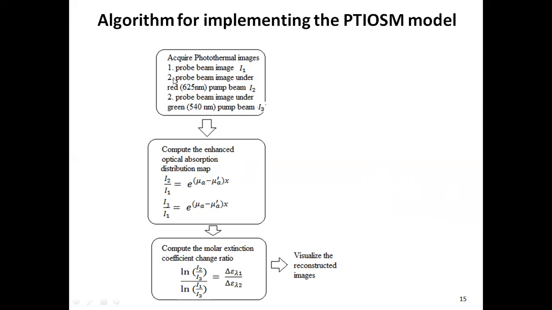Then while the probe beam is on, introducing a pump beam of a given wavelength and acquiring the signal, call it I2, and changing the pump beam wavelength and acquiring another image, call it I3, and now performing these mathematical operations, taking the ratio of I2 to I1 and I3 to I1 and their natural logarithm to end up with the extinction coefficient change ratio image.